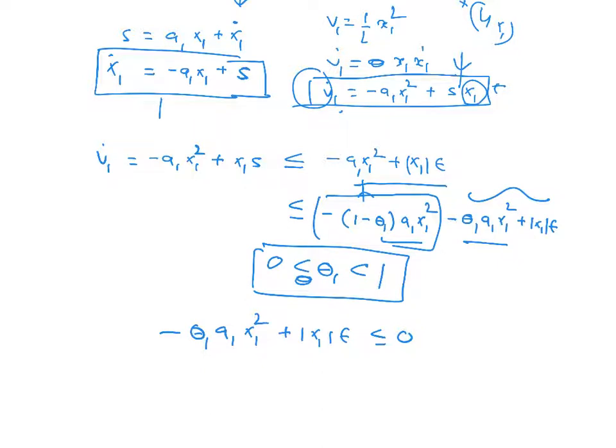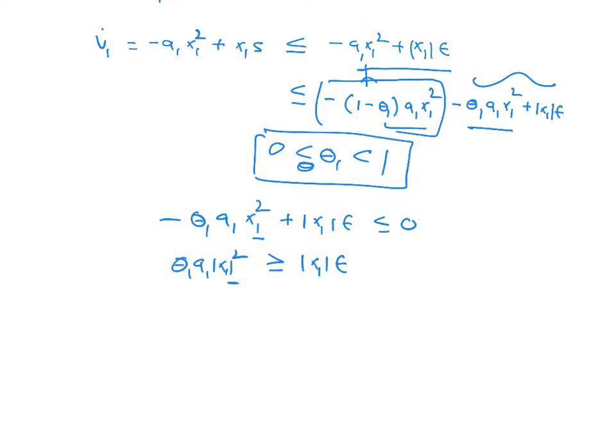And then basically we are saying this condition is met. So if you take this side, it becomes theta 1 a1 x1 squared, positive, and x1 epsilon, and then x1 basically is greater than or equal to epsilon over theta 1 a1.